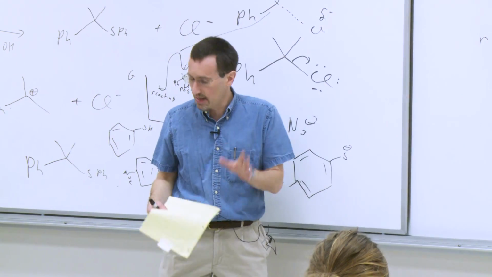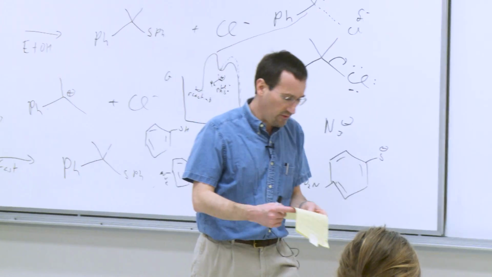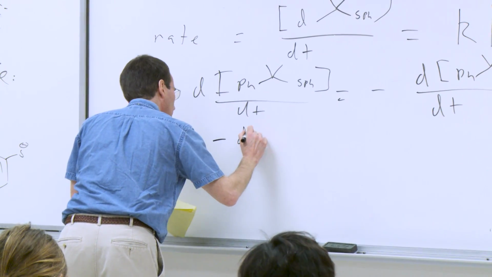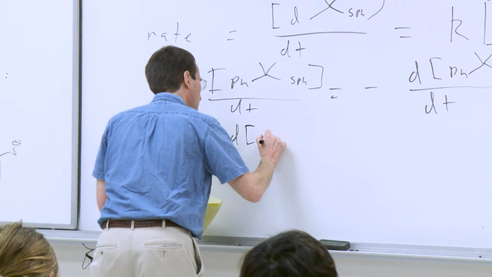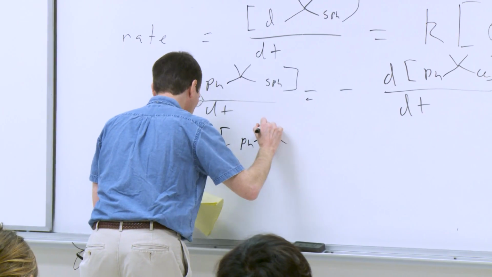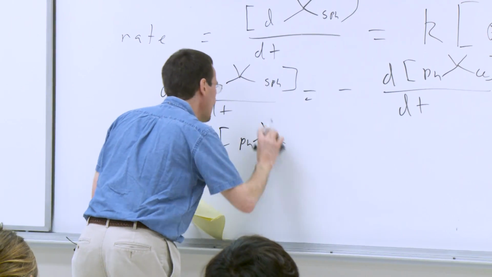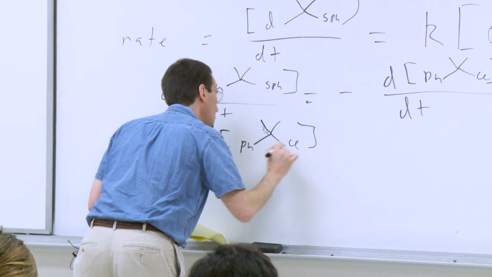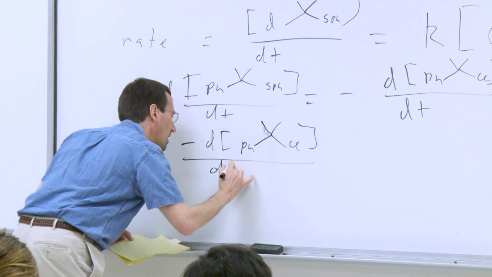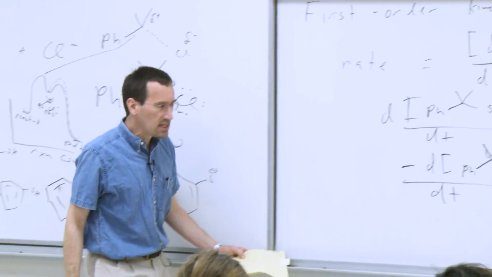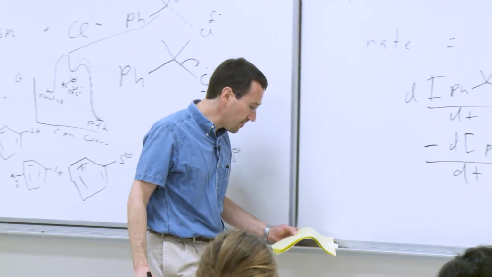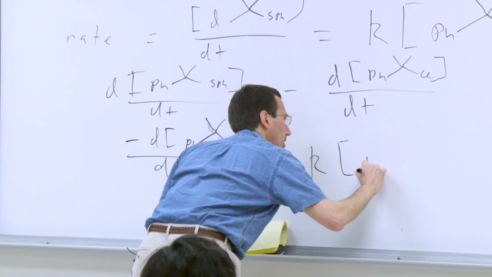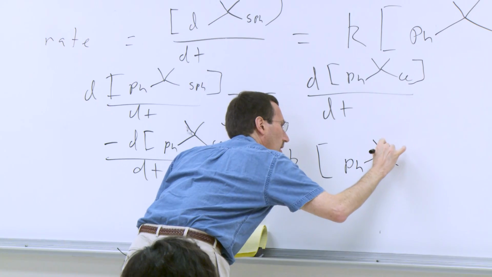The rate of formation of the product is equal to the negative of the consumption of reactant. We're going to develop an integrated rate equation from this. And then I can just take the original equation and say that negative d reactant, the change in concentration of reactant, dt with respect to time is equal to the rate constant times the concentration of reactant.